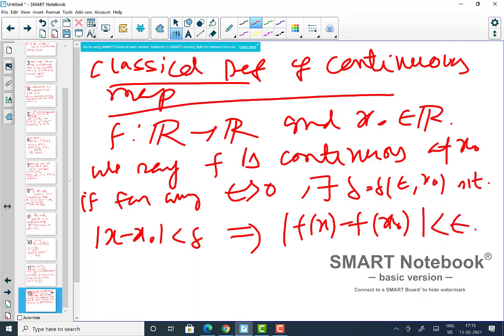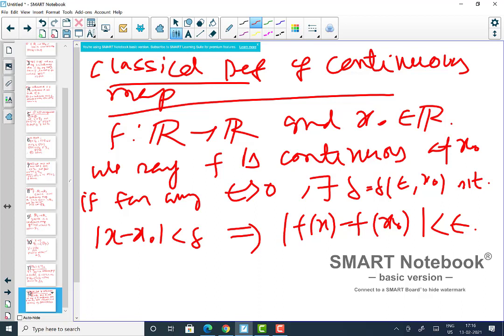Now the natural question to ask is whether this definition also comes from whatever definition we just gave, and the answer is yes. Actually, these two definitions are equivalent for the usual topology of R. In fact, the way we define it for an arbitrary topological space is more general. We can prove it.